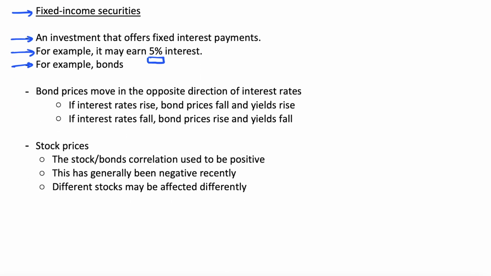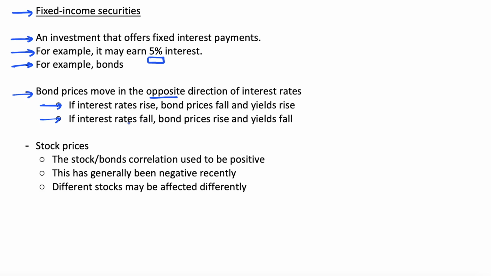So the thing with bond prices is that they move in the opposite direction of interest rates. So our two possible changes in interest rates: if interest rates were to rise, bond prices are going to fall. And this is going to mean that the yields on our bonds will rise as well. And if interest rates fall, bond prices are going to rise and yields will fall.